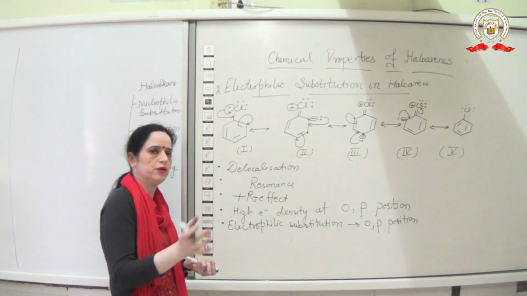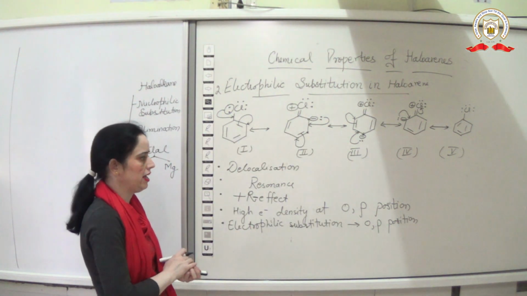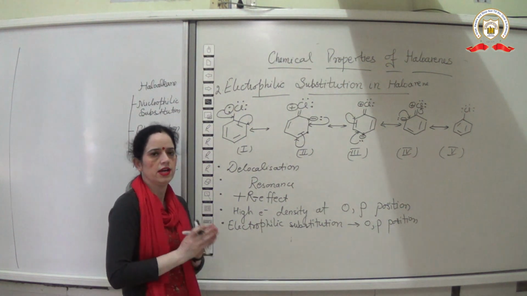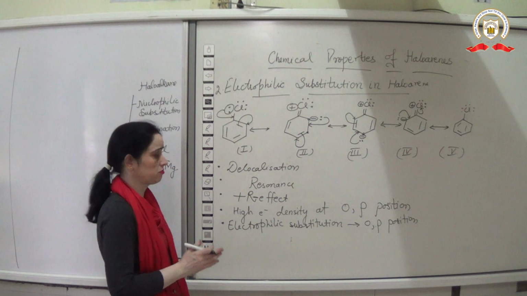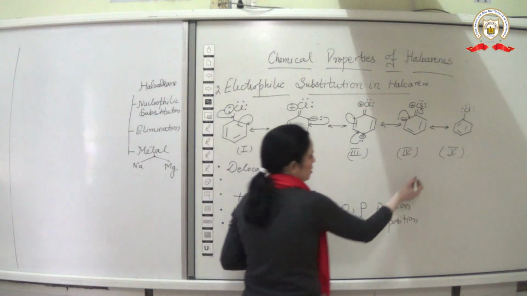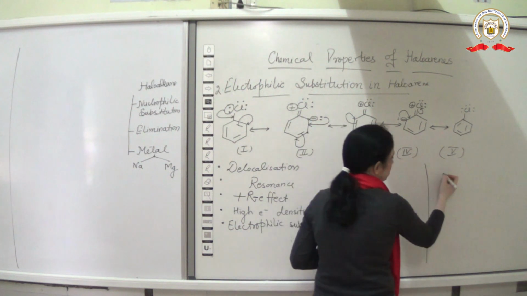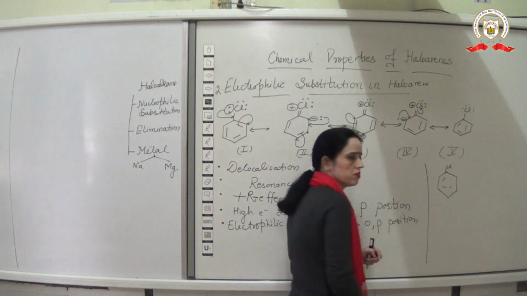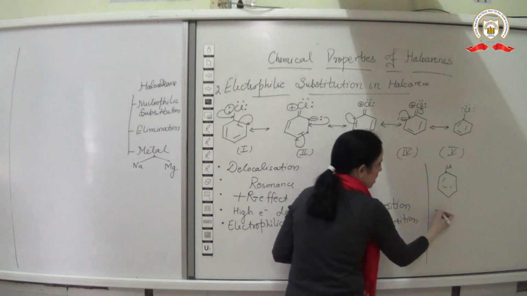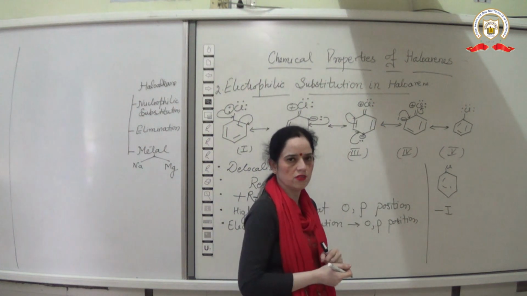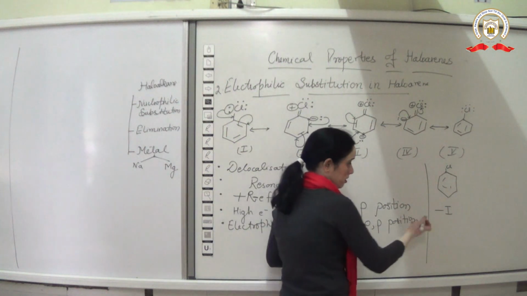So now we are going to make the attack of the electrophile, and we are going to get 2 products, one at the ortho and the other at the para. Along with this topic, you must remember that in case of halobenzene, there is a minus I effect of the Cl. It is taking away the electron, single bond character.